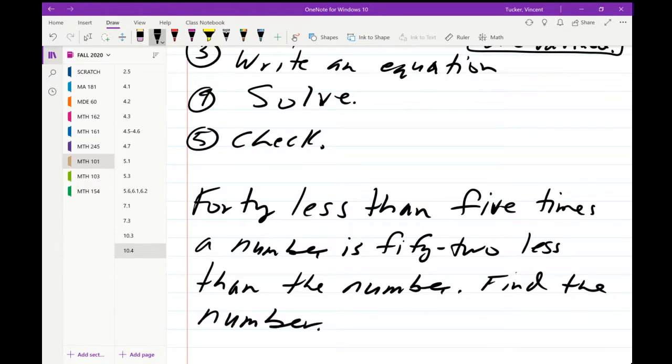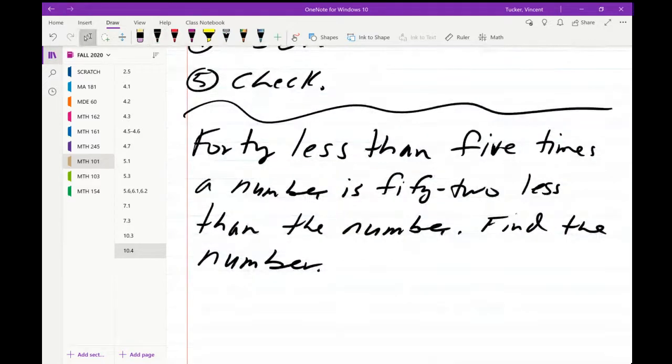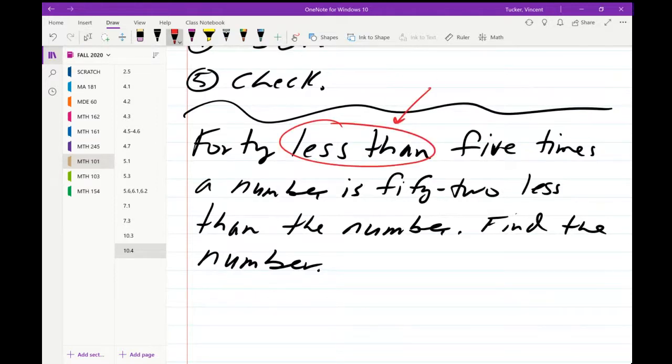All right, so we have 40 less than 5 times a number is 52 less than the number. So just like before, there are keywords you want to look for that's going to help you set up the problem. Less than in this context is subtraction.